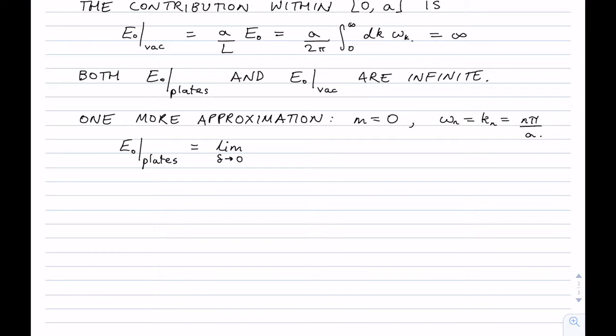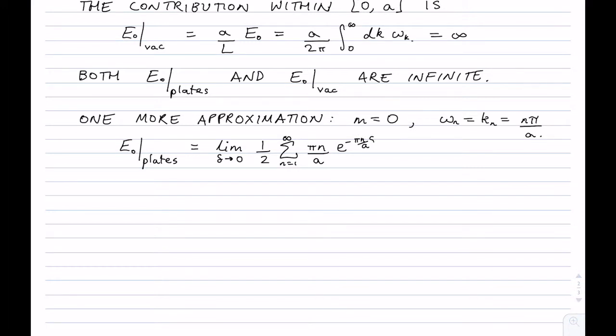And if I write something like this, that's omega_n e to the minus pi n delta over a.